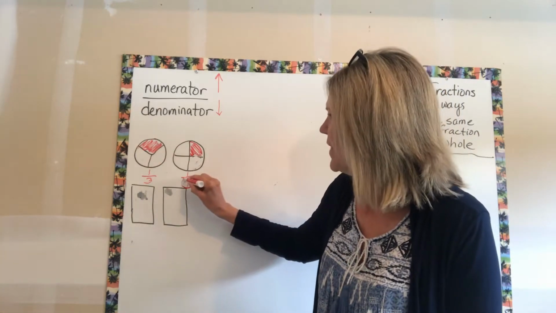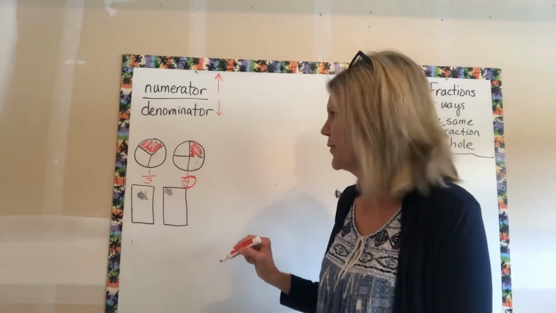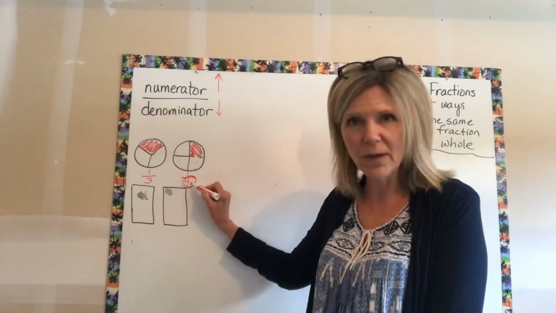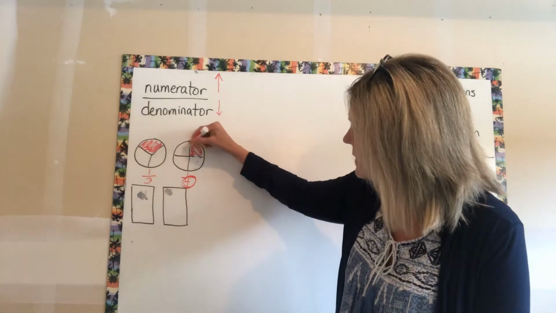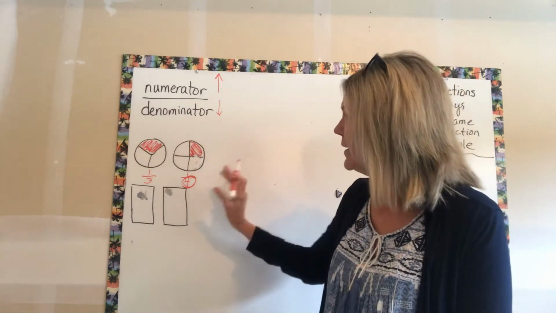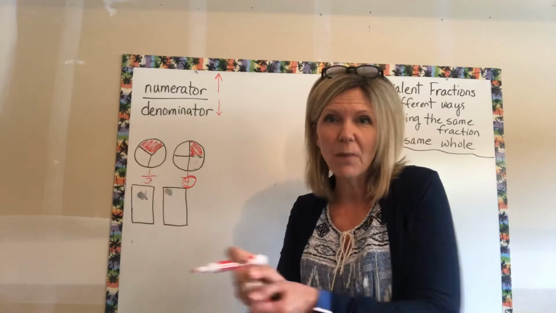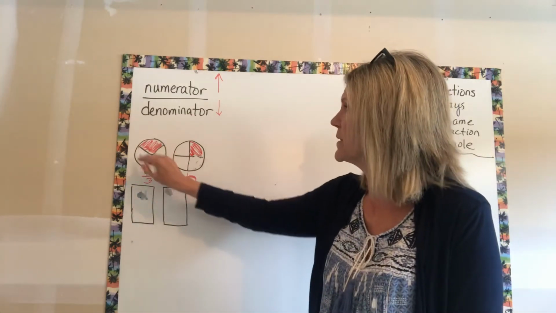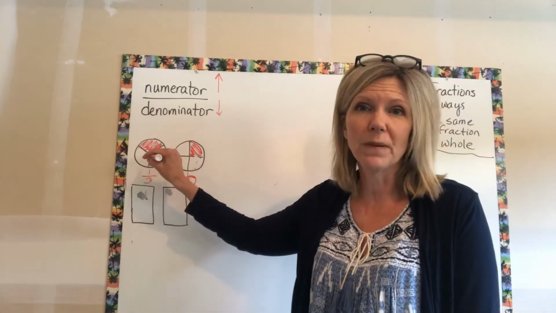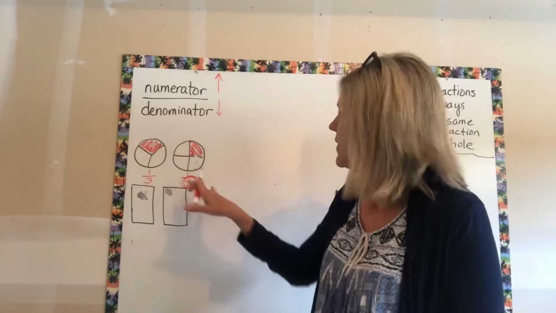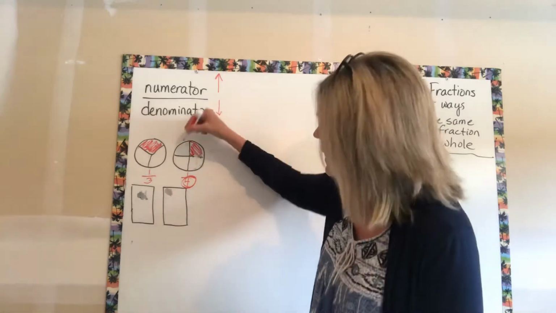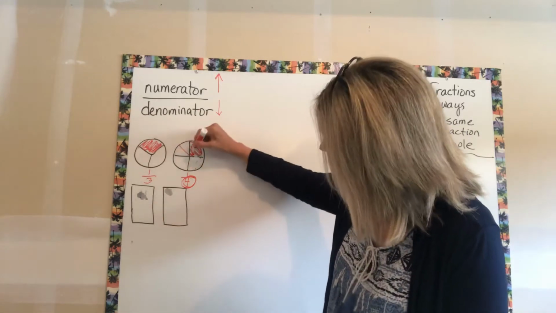That is actually our smaller piece, even though it's a bigger denominator. It makes sense, right? The smaller the pieces are, the smaller piece that you get if I pull it out compared to the 3rd. This one's divided into 3 pieces, so one of those is quite a bit bigger than the 1/4. It's skinnier.